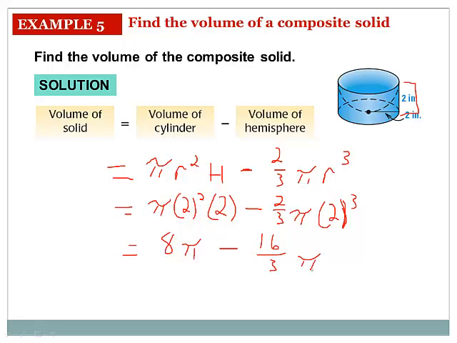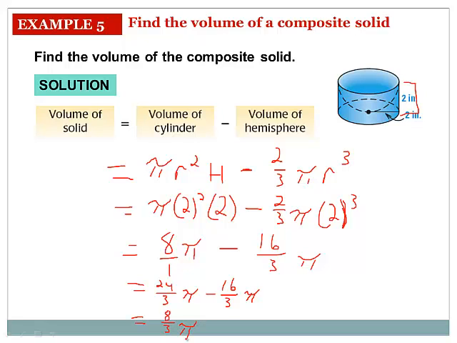If I now do a little bit of algebra, I'm going to put this over 1 and multiply by 3. So I'm going to have 24 over 3 pi minus 16 over 3 pi. These are like terms, so I'm going to subtract them. 24 minus 16 is going to give me 8 over 3 pi.